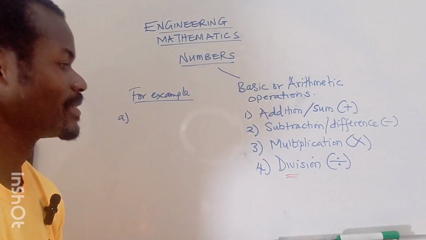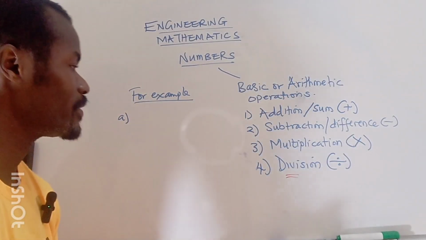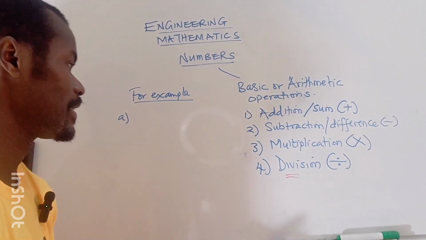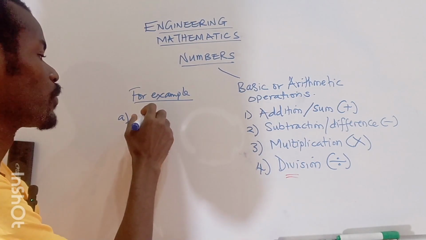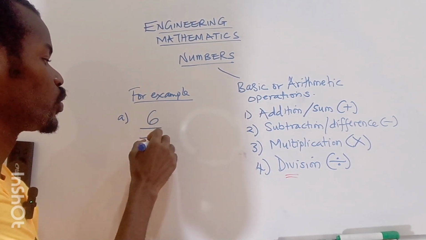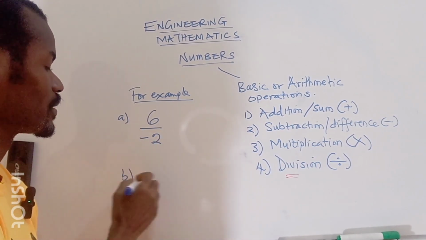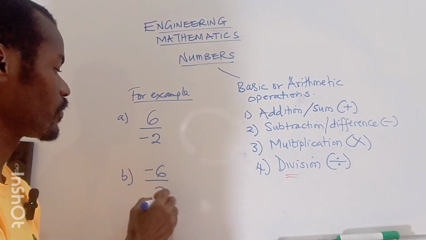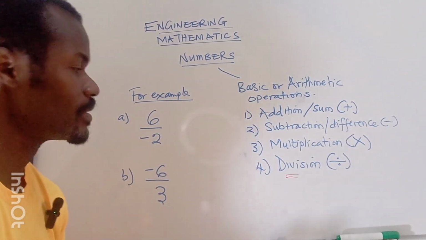And the last rule is this: whenever you are dividing, let's say we have a positive number and a negative number. Let's say we have 6 divided by negative 2. Or the second scenario, we have negative 6 divided by 3.